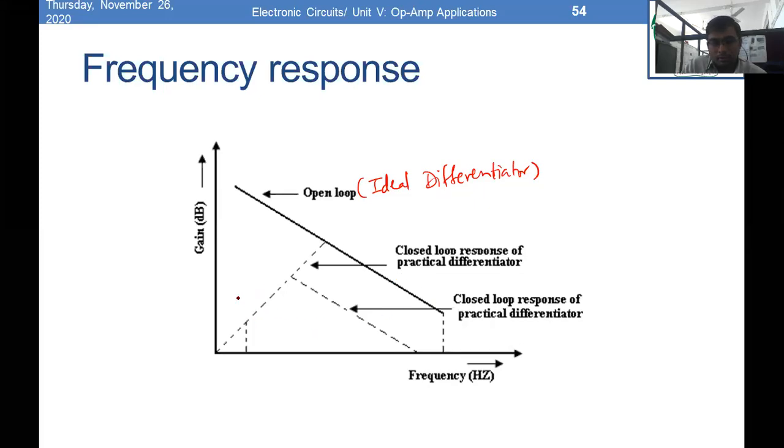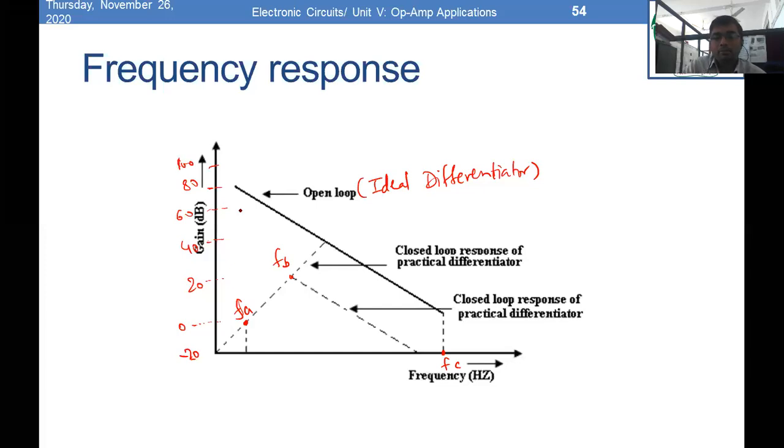So here this is your FA, this is the point FB, and this is the point FC. It would start from -20, then 0, then 20, then 40, then 60, like this up to 100 dB or maybe more.